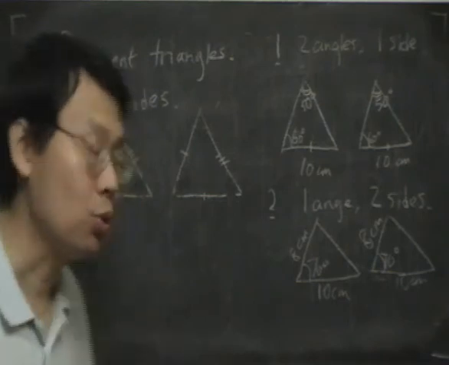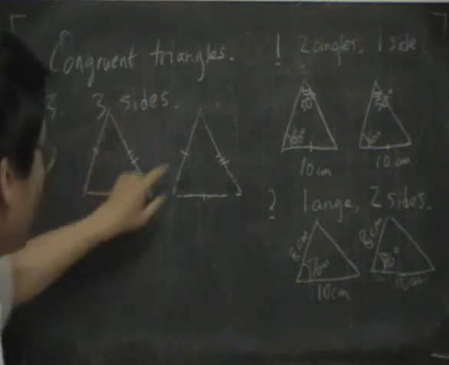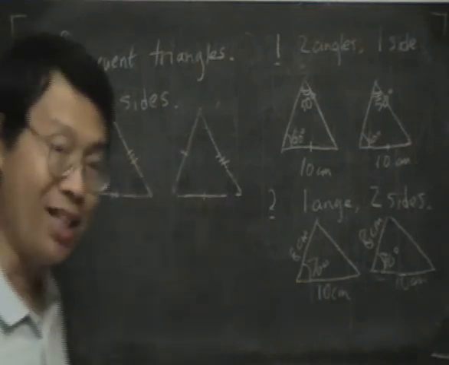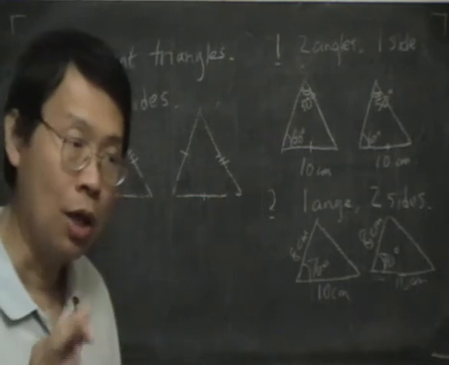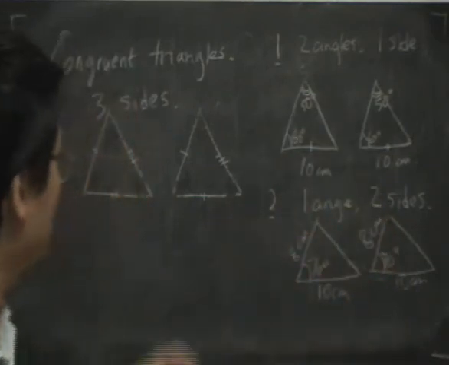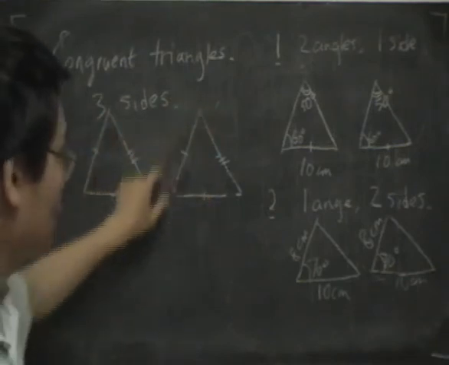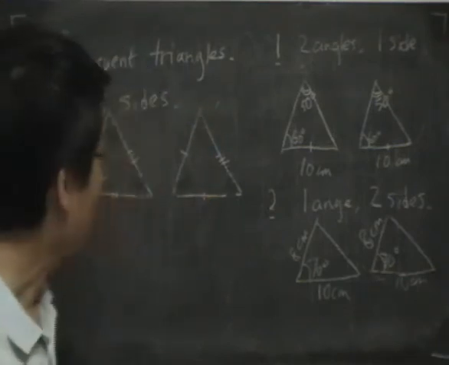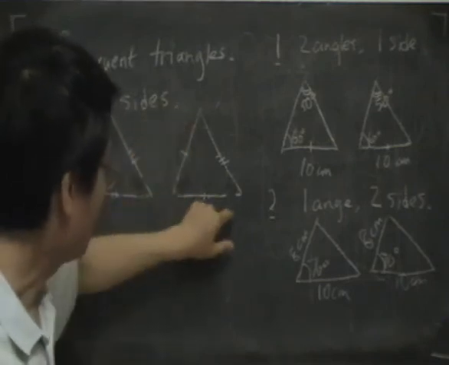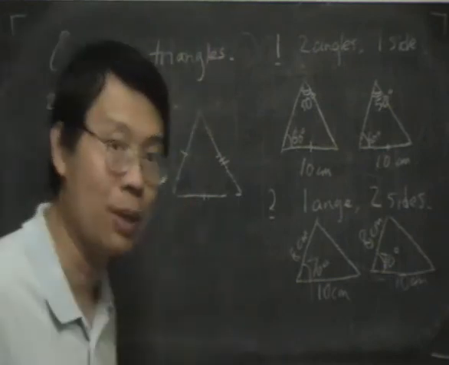Well, the answer is no, because if you have just the three angles, you can actually draw a big triangle and a small triangle, right? A big one and a small one, both having the same three angles, but one with longer sides and so one that is bigger.